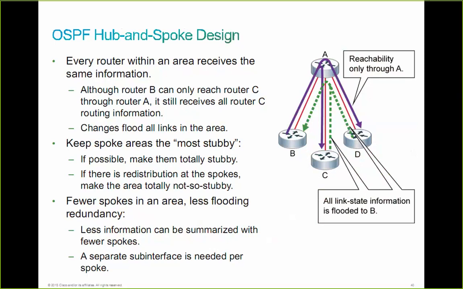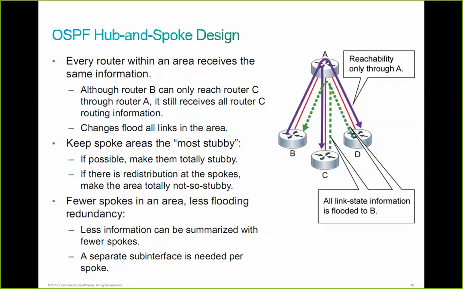And flooding, particularly flooding related to changes in the topology, is going to cause a significant amount of load on that hub router. So stub areas, just like we saw with EIGRP, minimize the amount of information within the area, and by implementing these stub area configurations, we can eliminate the propagation of those LSAs and simply rely on default routes to route from one area to the other.